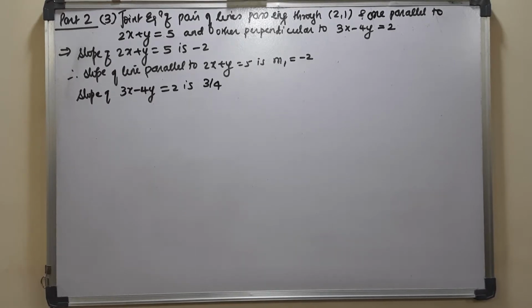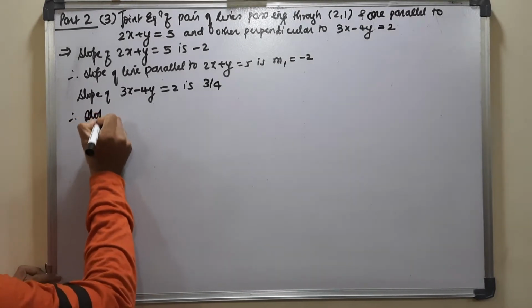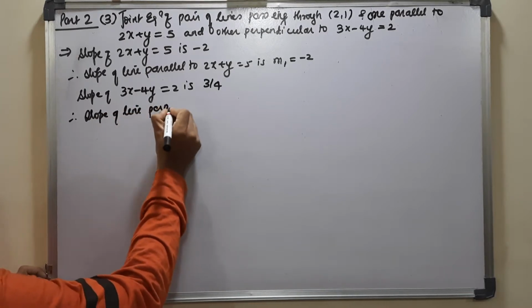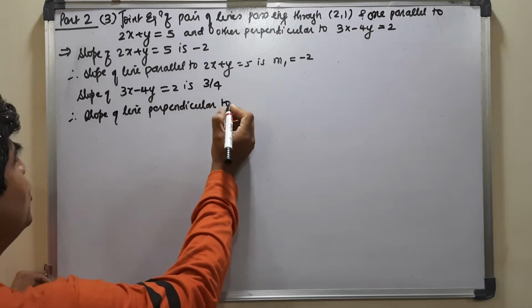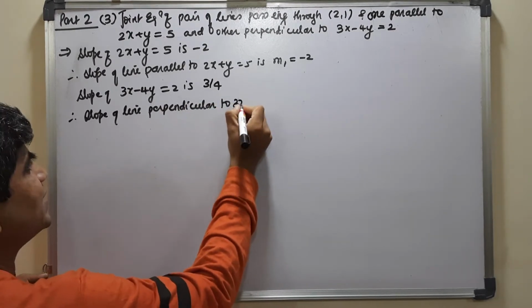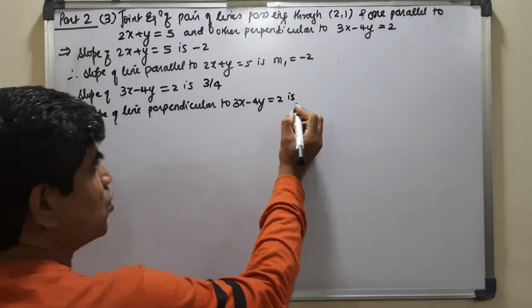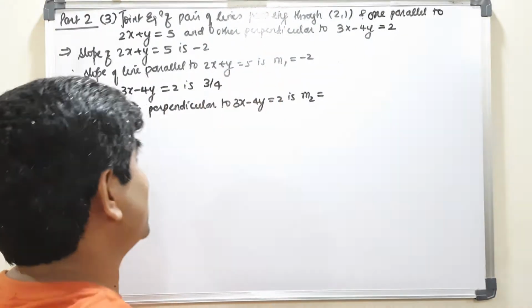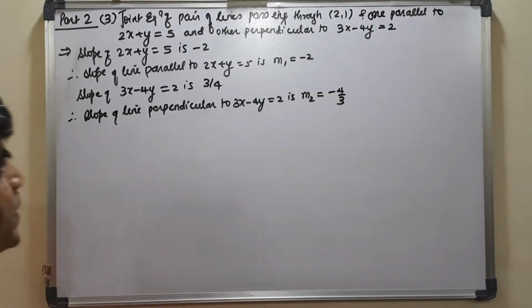The slope of the line perpendicular to 3x minus 4y equal to 2, let me call it m2, will be the negative reciprocal, that is minus 4 by 3. So I got the slopes of both the lines.